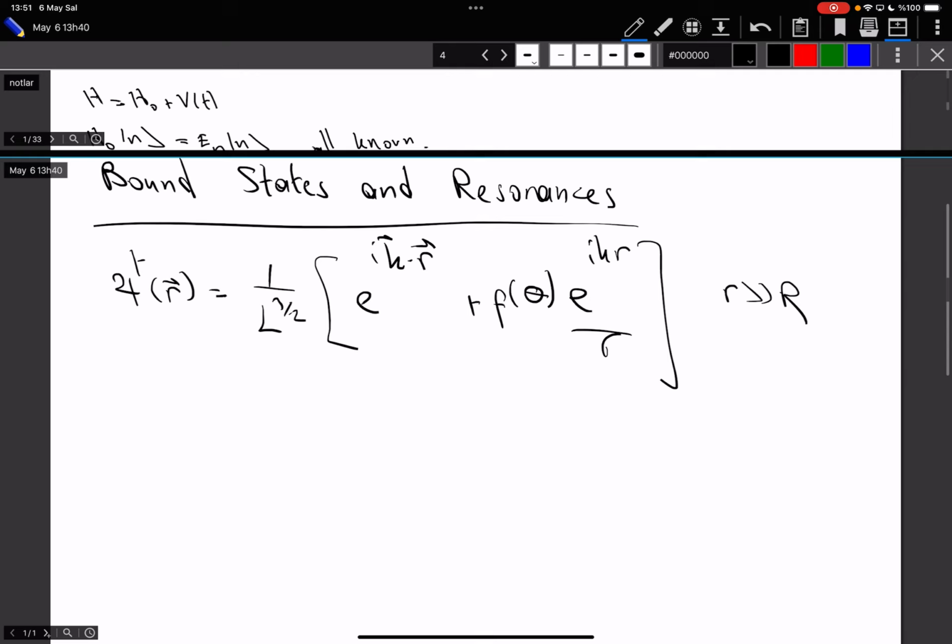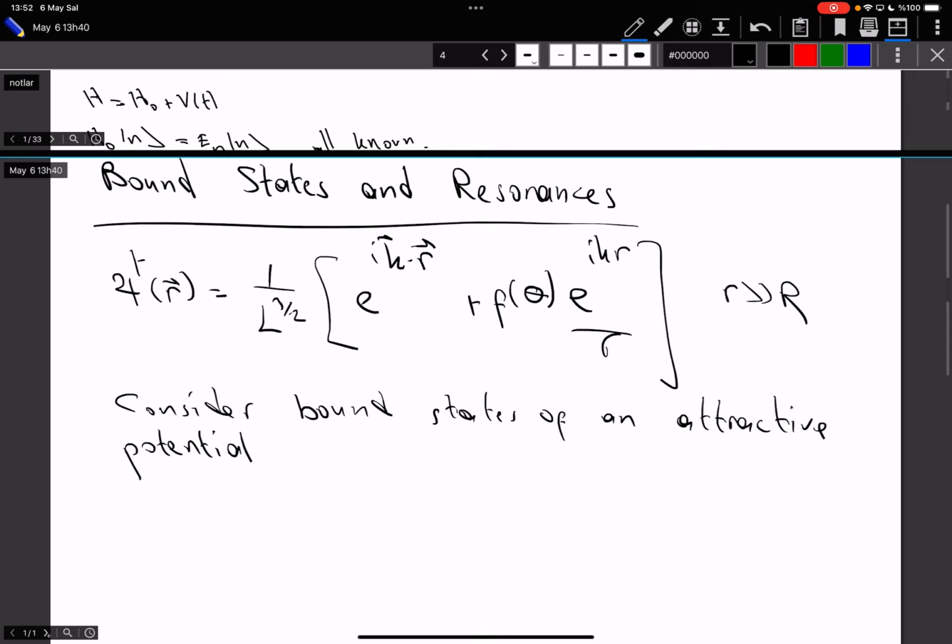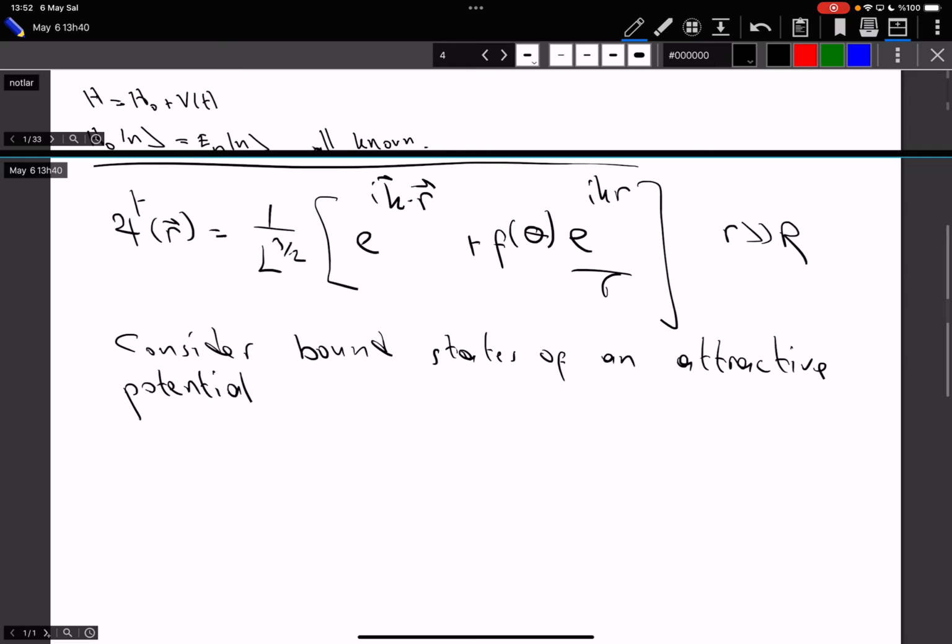Now, let's just consider an attractive potential. Such an attractive potential might also have bound states. Now, if we have a bound state of this potential, and we look at r larger than the range of the potential, V will be 0.